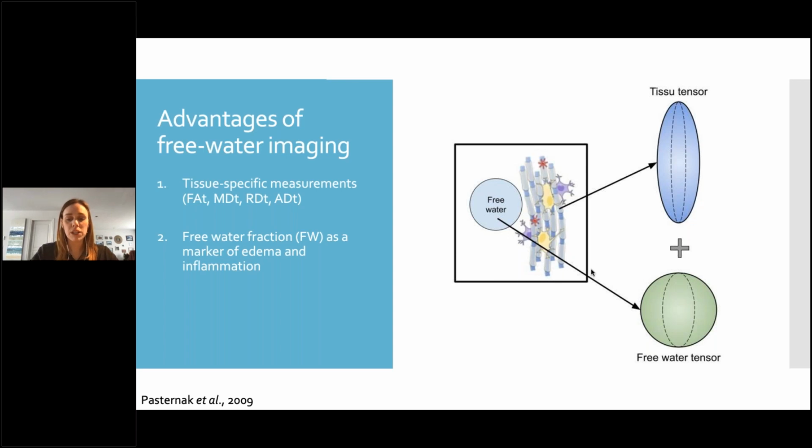So free water imaging is in fact a bi-tensor model where there's a tensor for the tissue part and another one for the free water part. The advantage of free water imaging is that the corrected measures are thought to be more tissue specific than when we compare with the standard DTI-derived metrics. Also, free water fraction can offer valuable information about active inflammation and edema.